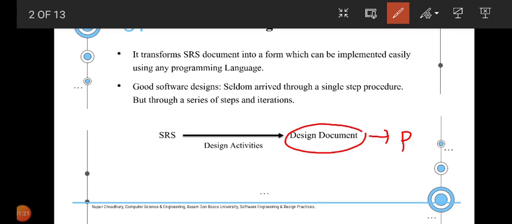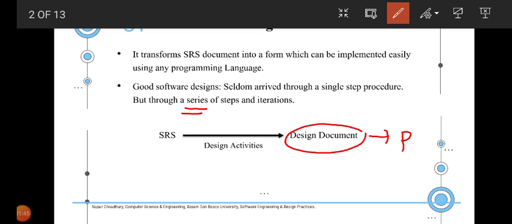A good software design is not achieved directly through a single step procedure. It involves a series of steps and iterations. So at every point of time you have to understand that the design has to be renewed, redesigned and created so that the requirements are met in the most effective manner.